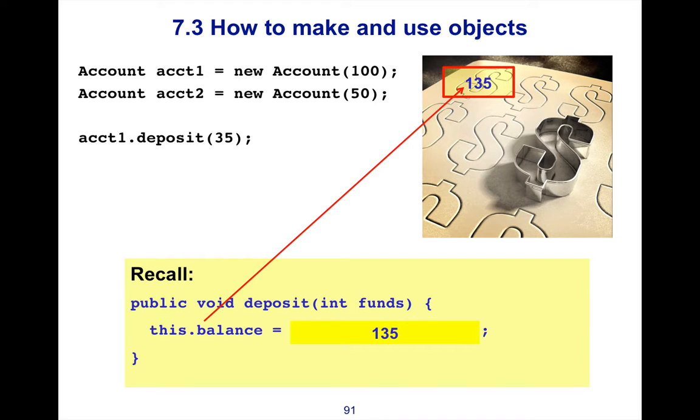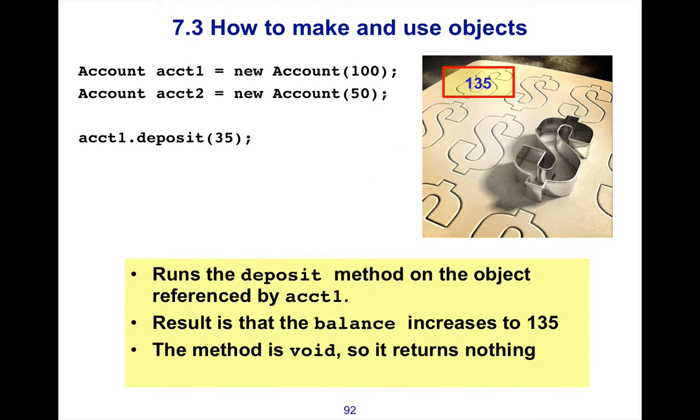The account2 object is completely undisturbed by any of this. Now the method is void, so account1.deposit doesn't return anything, but we would say it has the side effect of adding $35 to the balance of account1.